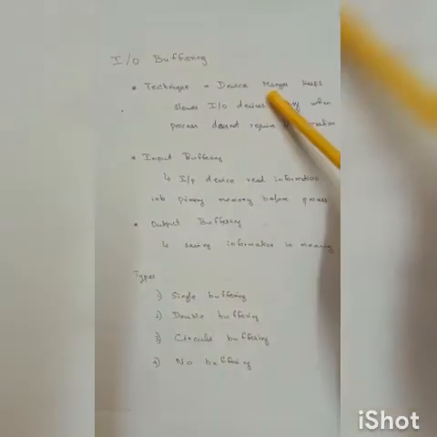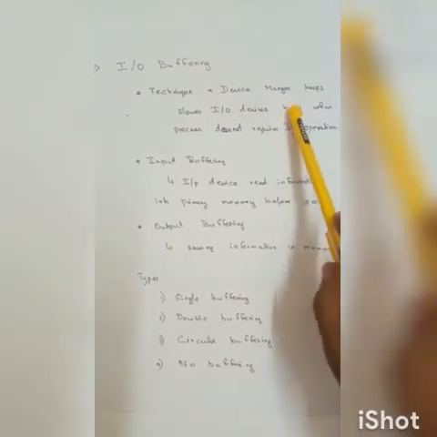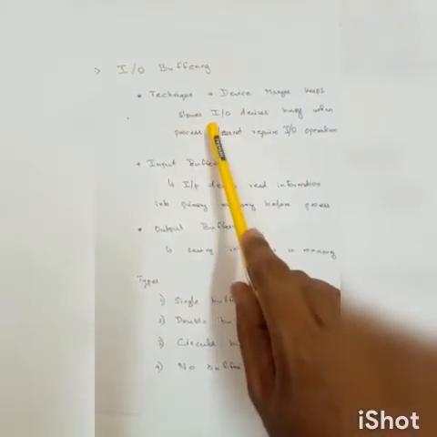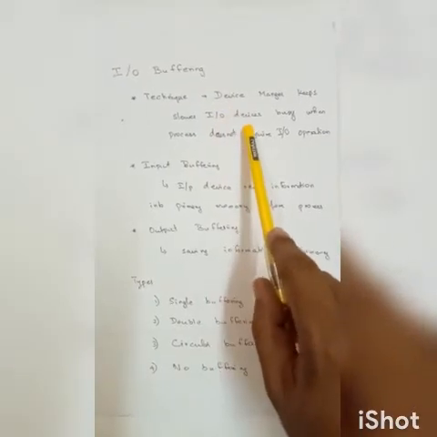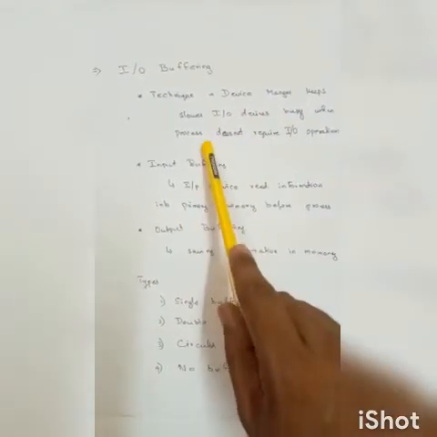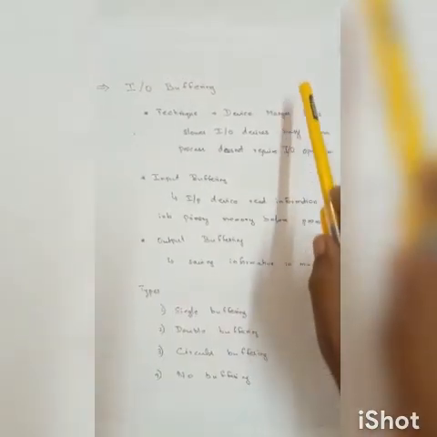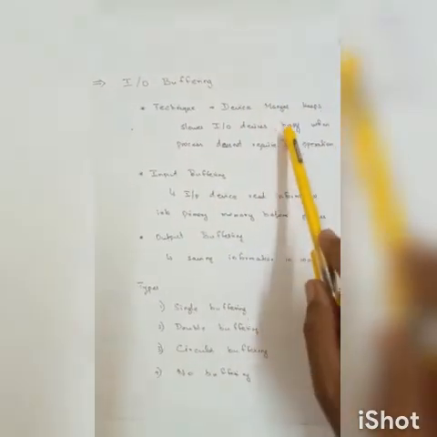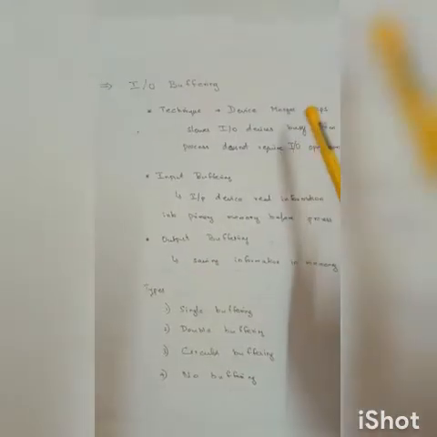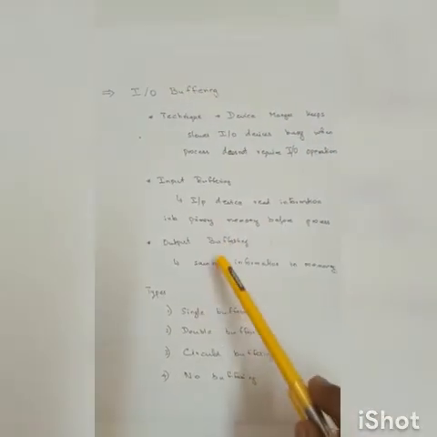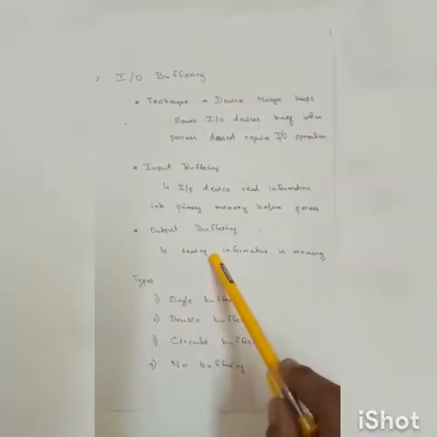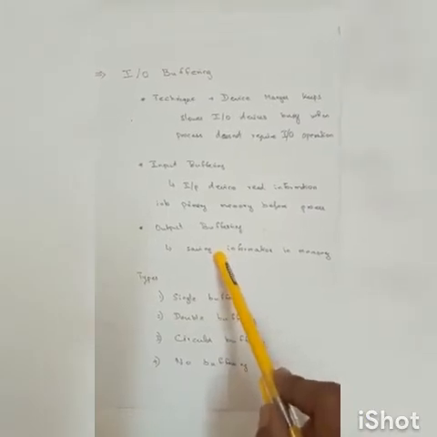Okay, the main technique for this is that the device manager keeps slower input output devices busy, and the process does not require input output operation. See, in input output buffering, the device manager keeps all the input output devices a little bit busy when no input output operations are required.